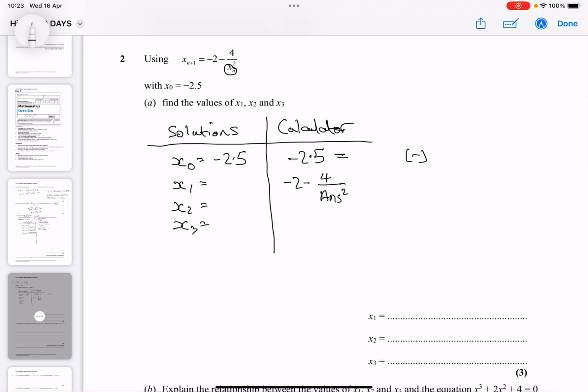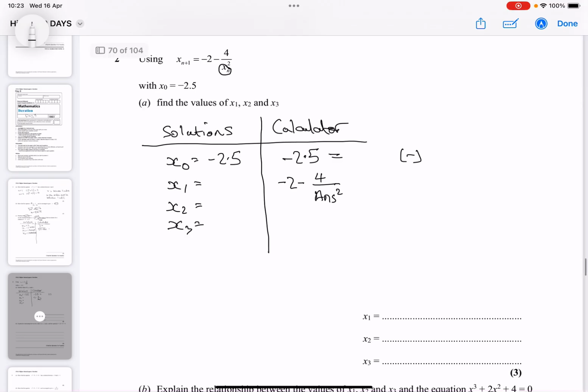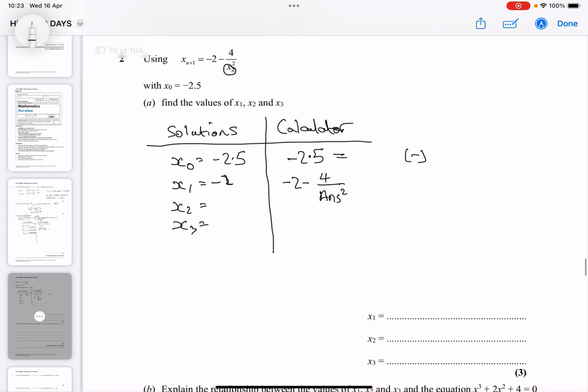The next answer is minus 66 over 225, which S to D is minus 2.64. Then press equals here if you want. Press equals again, which gives me minus 2.573921.